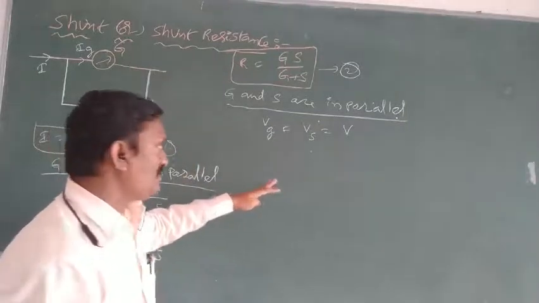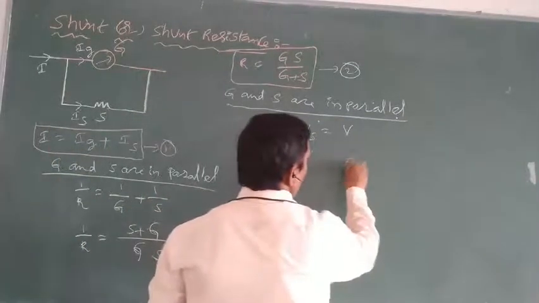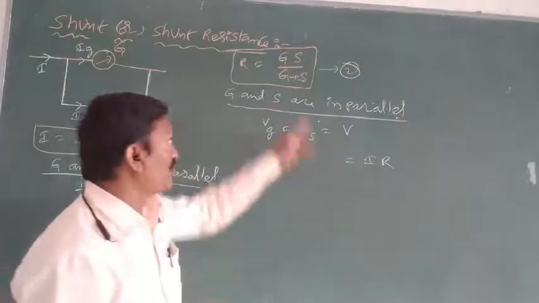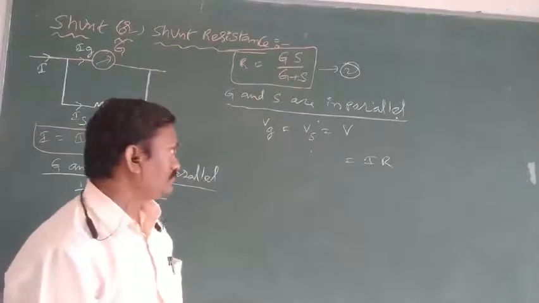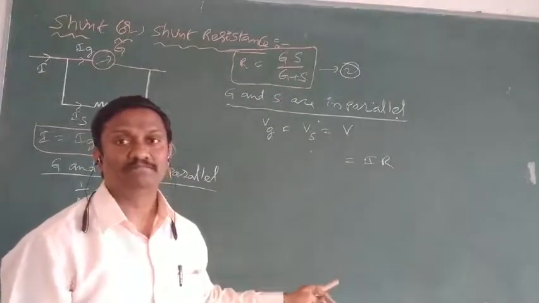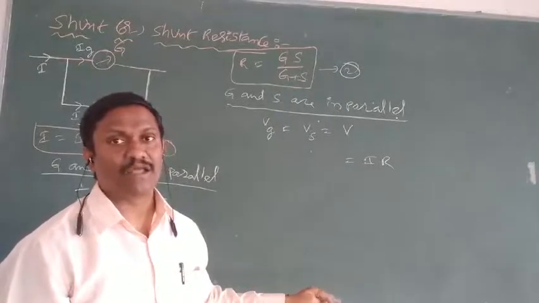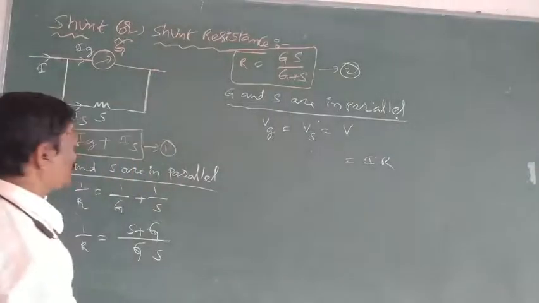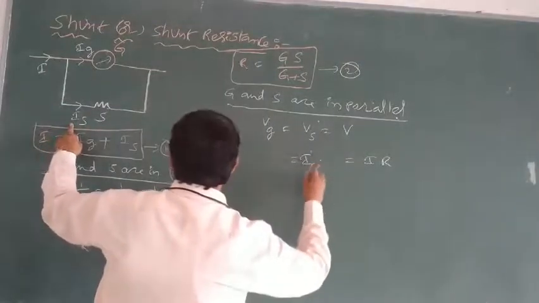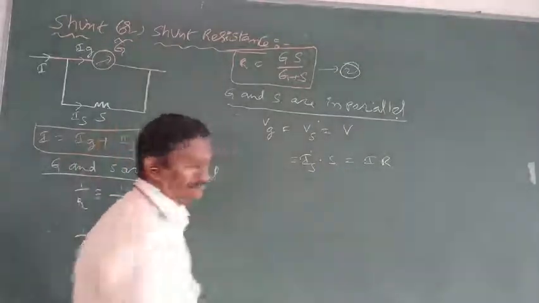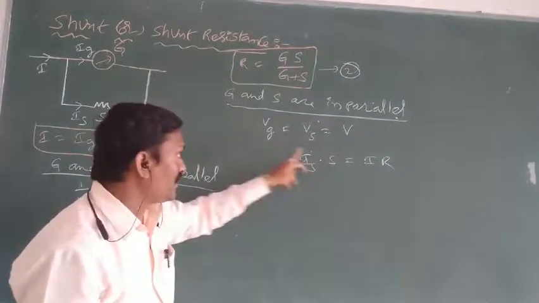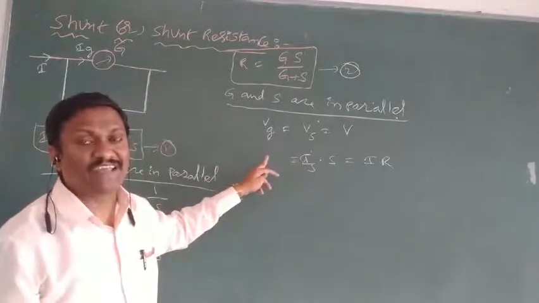But according to Ohm's law, V is equal to IR. I means total current, R means total resistance. By using the same formula, the product of current into resistance is called the potential difference. What is the potential difference across the shunt resistance? The product of current Is into resistance S. So Vs means Is into S. Next, Vg means potential difference across the galvanometer.